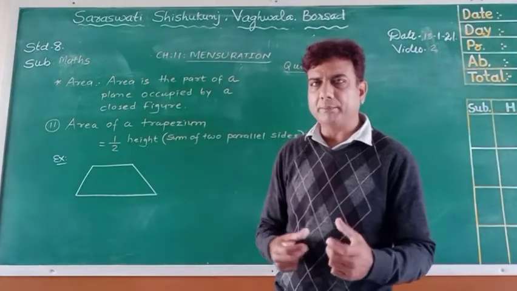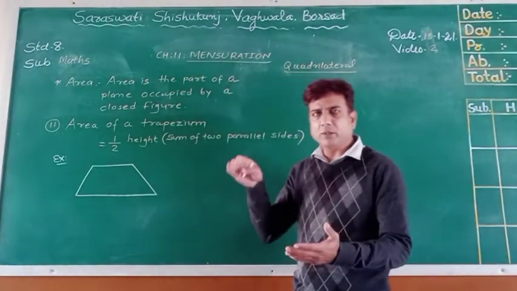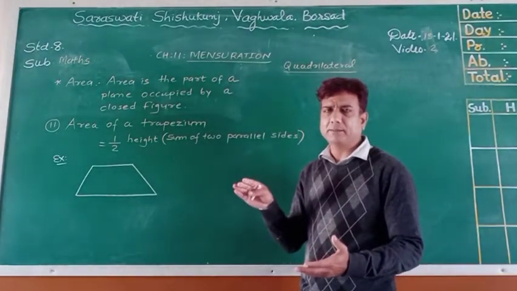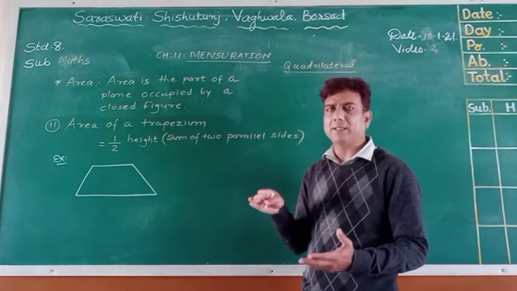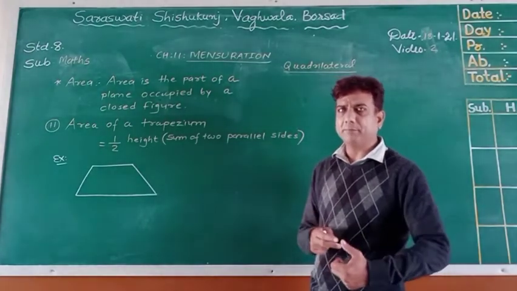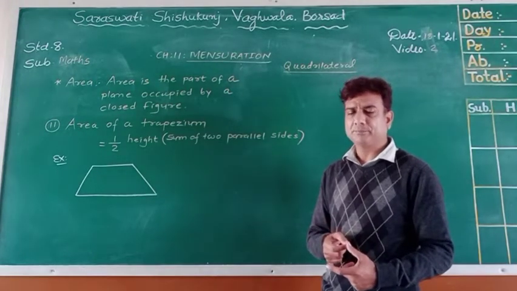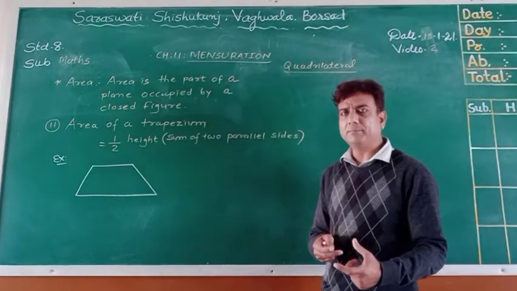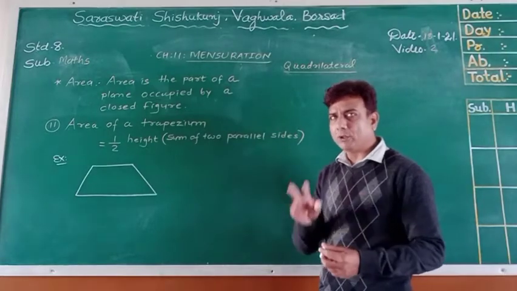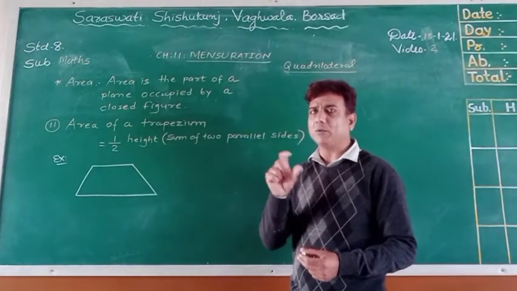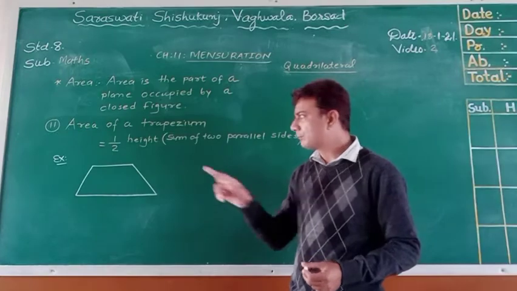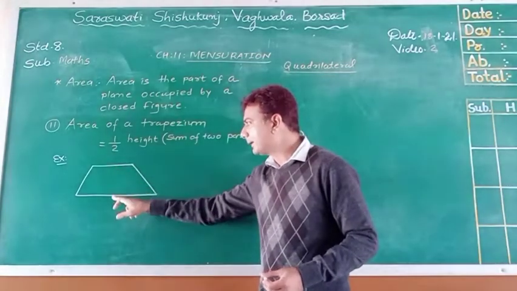Because in a trapezium figure, only two sides are parallel to each other. That means it is a trapezium. The remaining two sides are not parallel. So trapezium means only two sides are parallel among the four sides. Only two sides, this and this, both are parallel.